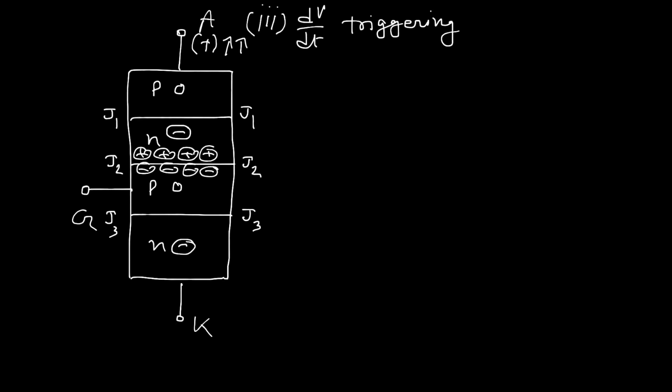The total voltage applied from anode to cathode is confined across junction J2, which is called VA. So we can consider junction J2 as a capacitor, with capacitor voltage VA.